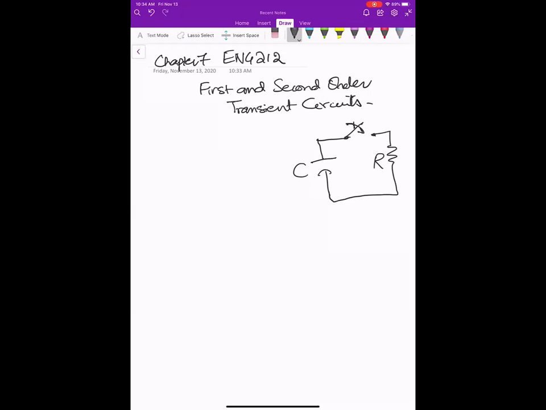What is transient state? We know the transient state is whenever something is changing. Let's say you have connected a voltage source to the capacitor. The time it is building up a charge across the capacitor, it's a transient state. And when it has the charge on the capacitor, it's a steady state.